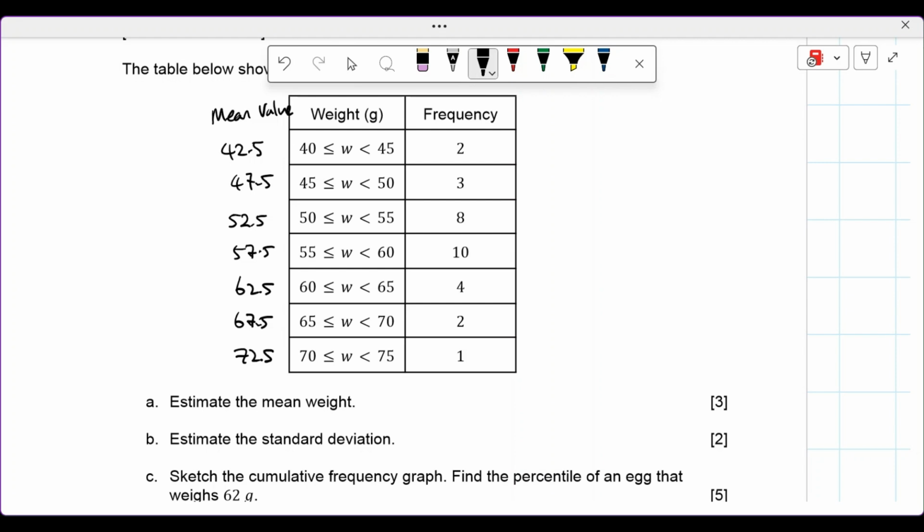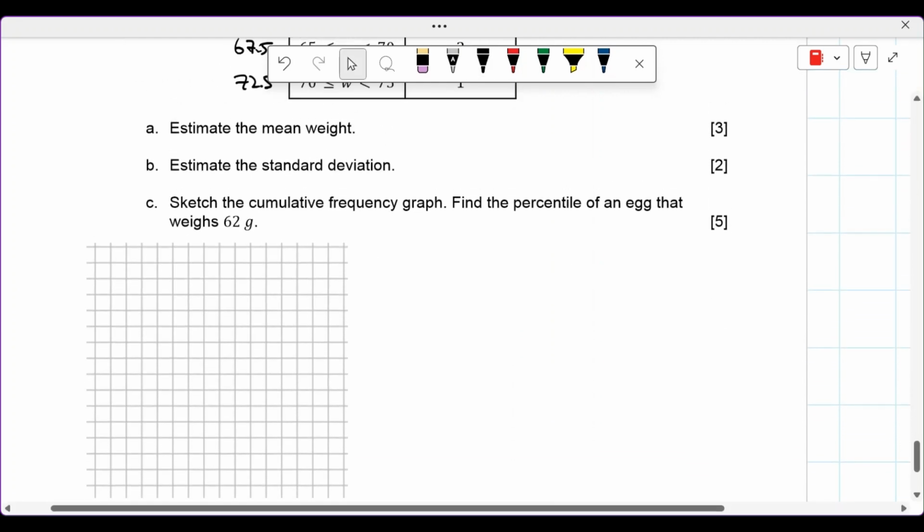And then the frequency, 2, 3, 8, 10, 4, 2, 1. Stat, calc, one variable stats, and in the list L1 and the frequency list, you need to put L2. And you produce the mean weight, and it's approximately 56 grams approximately.